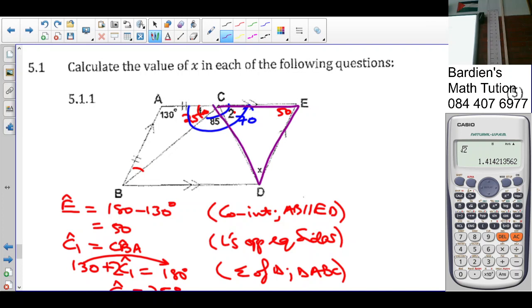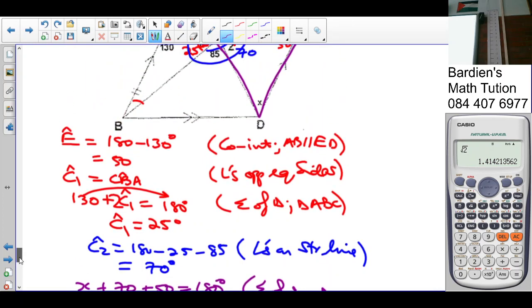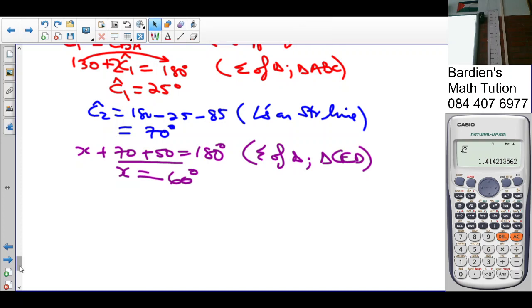You all agree with that? So you're going to say x plus 70 plus 50 equals 180. Sum of angles in a triangle, it is triangle CED. Okay. So x equals 60 degrees. Okay, so that's the first one.